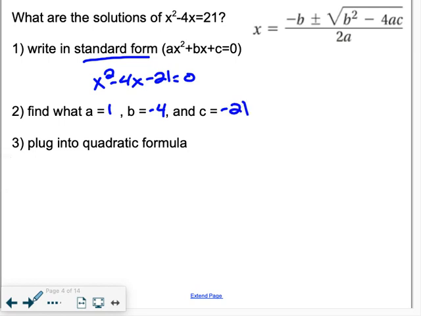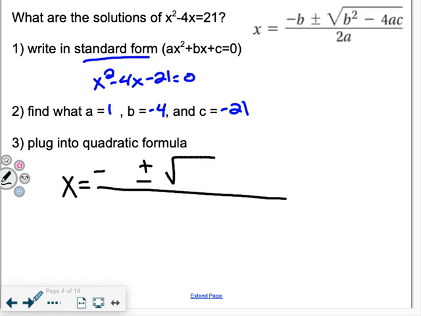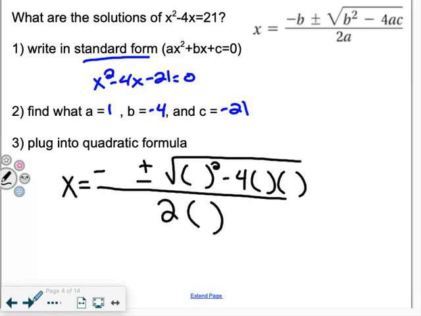So what we're going to do here is rewrite the quadratic formula and fill in our numbers. I'm going to write it without all of our numbers in it at first. Every single time you do the quadratic formula, you could write it like this.